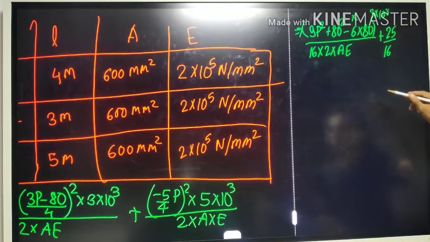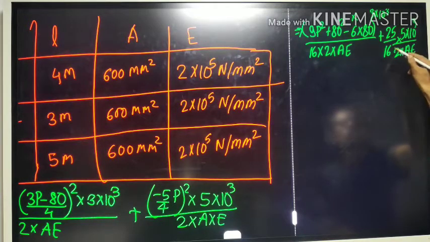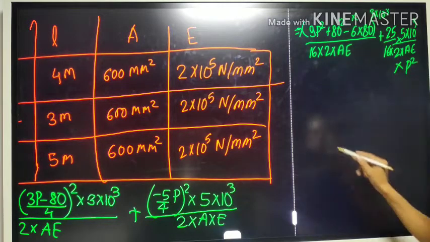So 25 into 5 into 10 to the power 3 divided by 2 into AE into P square.